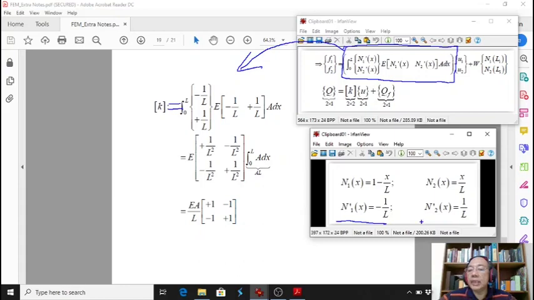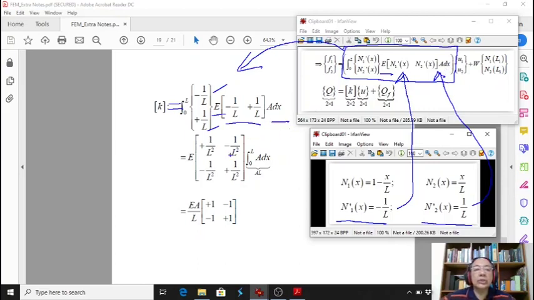We substitute to here, and then after that we find minus 1 per L, 1 per L, multiplied by E, then N1 prime and N2 prime again, multiplied by A dx.